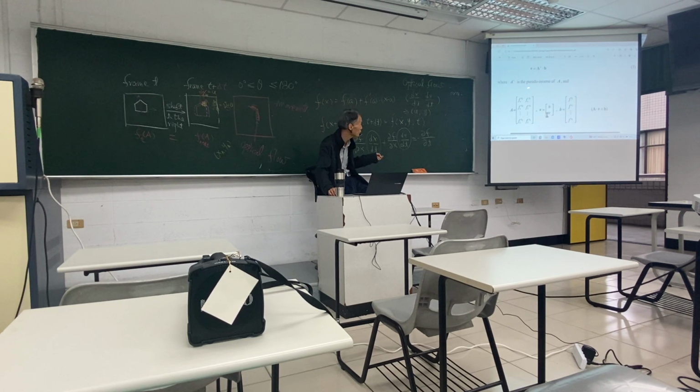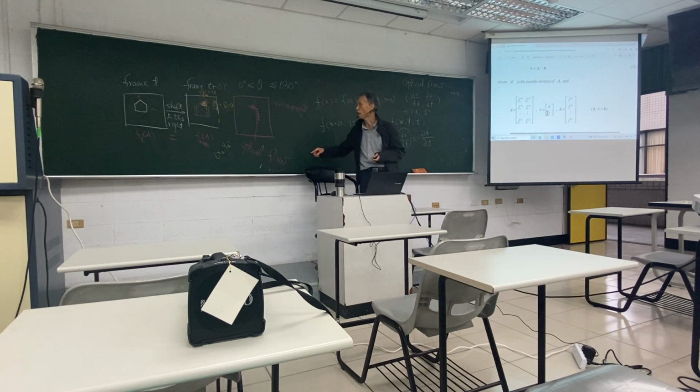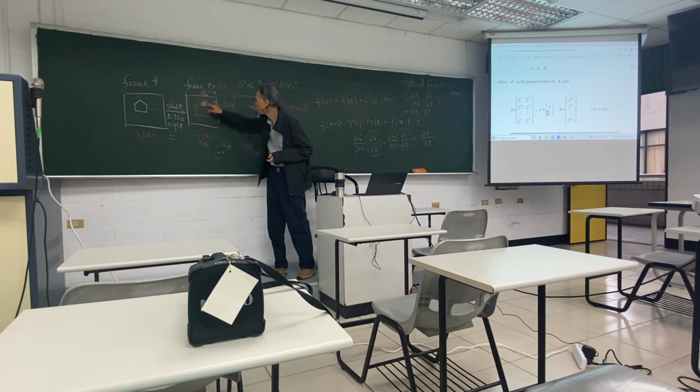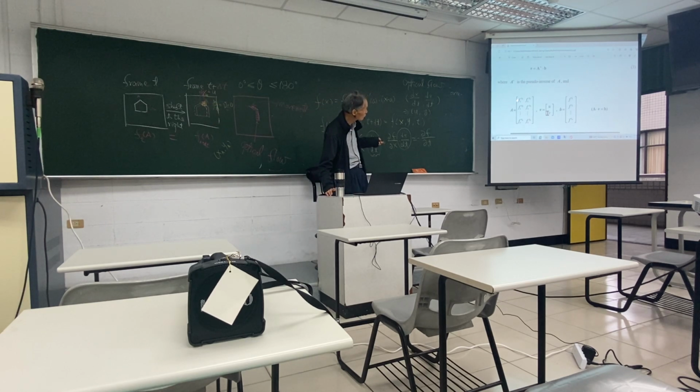Here we use up to n points, so n could be 9 if we use 3 by 3. For each point, you need to find its neighbors and construct them as a matrix.